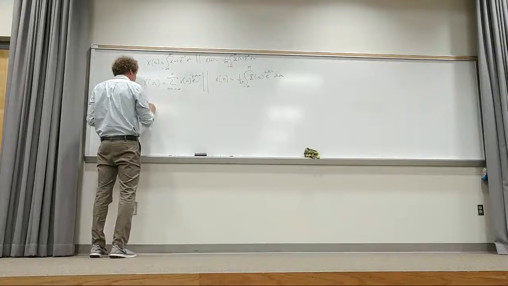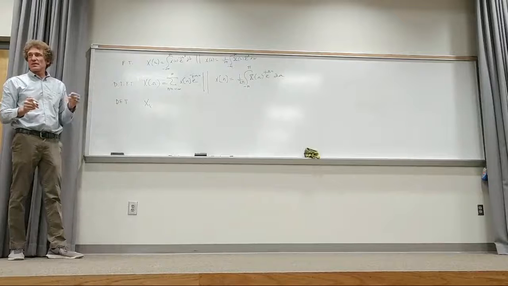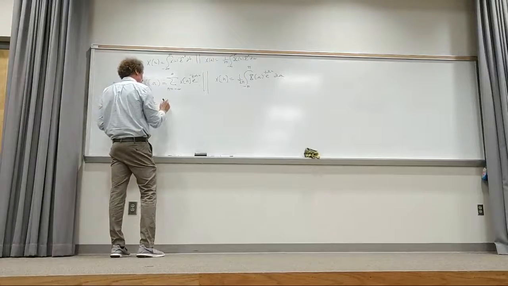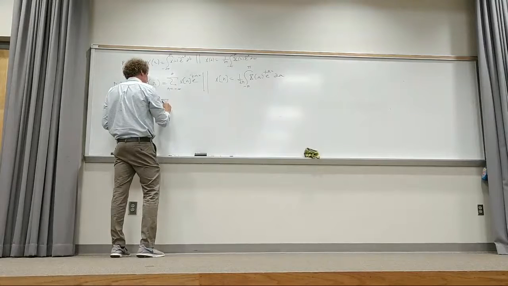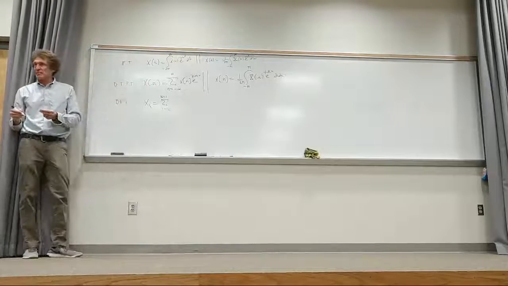Now we have X sub k, where k is an index, right? 1, 2, 3, 4. It's not a specific frequency. And we say that that is equal to what? The summation of now n goes from 0 to N minus 1, so there's a finite number of samples, N samples.